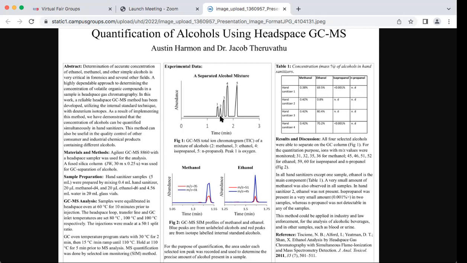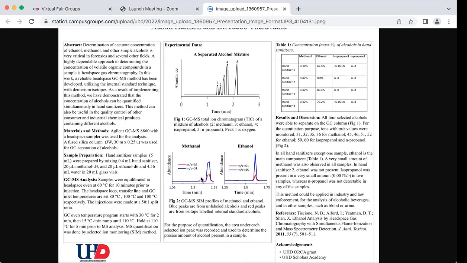So then, to get very specific, we focused on ethanol and methanol. Figure 2 is a comparison of regular ethanol or regular methanol, which is shown in blue. The blue peaks are regular ethanol and methanol, and the red peaks are the internal standard ethanol and the internal standard methanol.